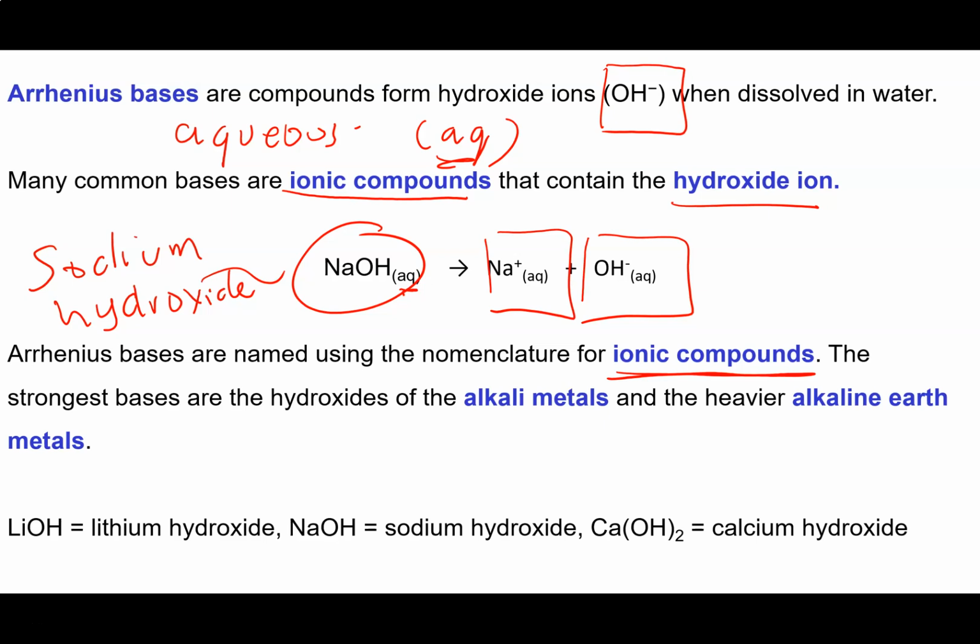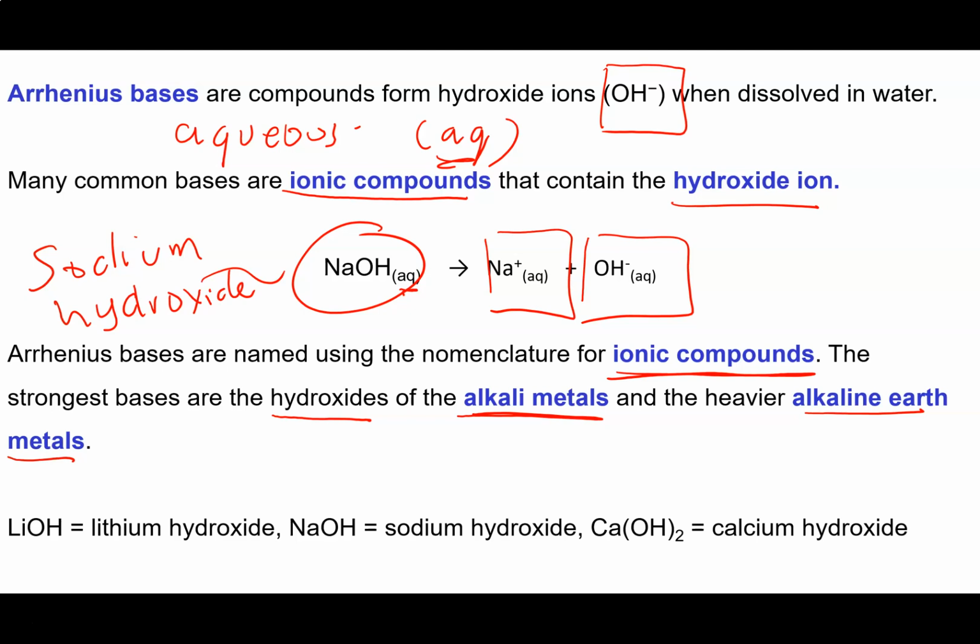The most well-known and the strongest of all of these Arrhenius bases are the hydroxides of the group 1A metals, the alkali metals, and then the hydroxides of the heavier alkaline earth metals. They have to be the heavier ones, the ones that are larger than magnesium, because the others don't dissolve in water.